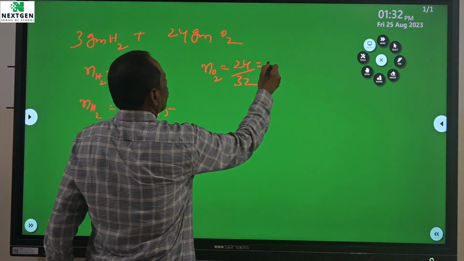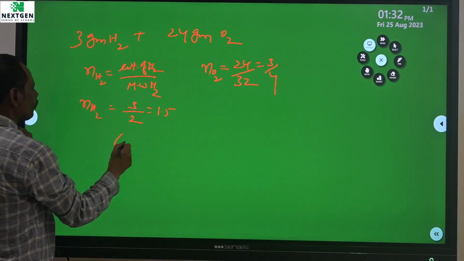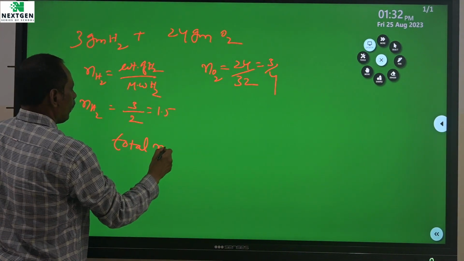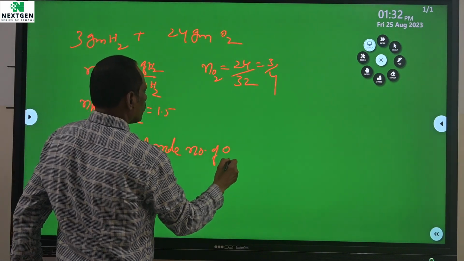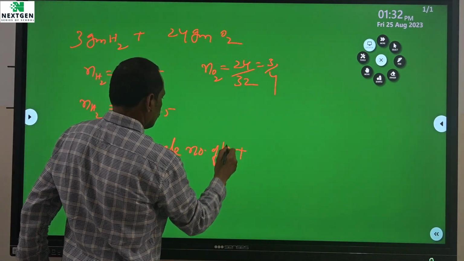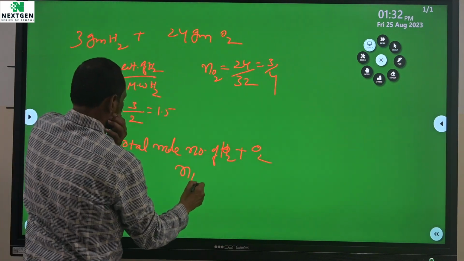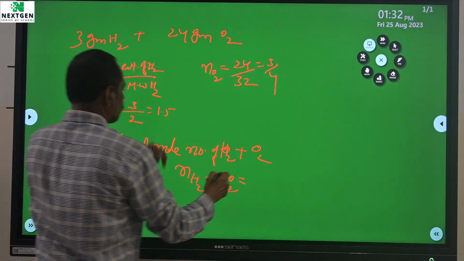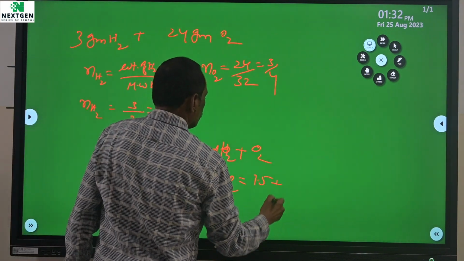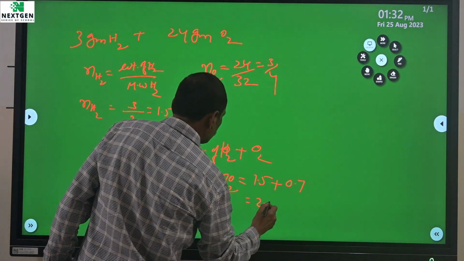That is 3/4. Then the total mole number of hydrogen and oxygen is the number of moles of hydrogen plus the number of moles of oxygen. It is 1.5 plus 0.75, that is 2.25.